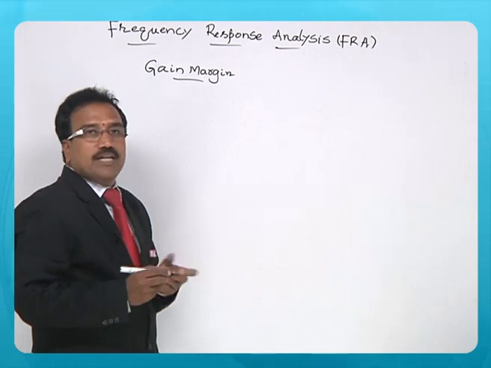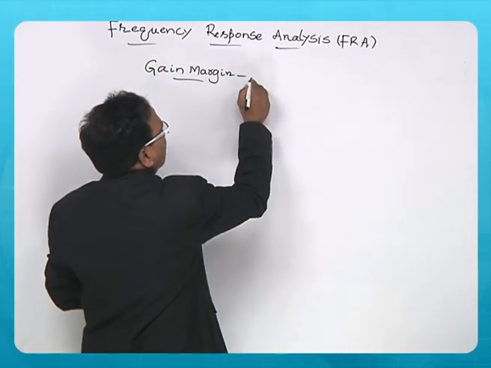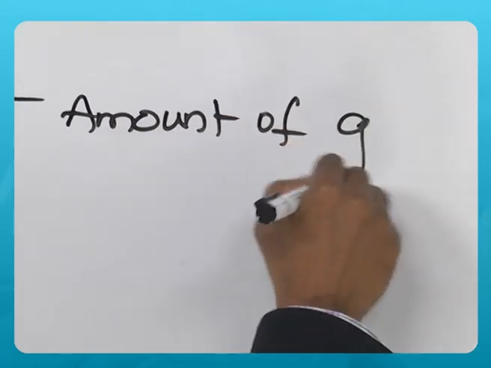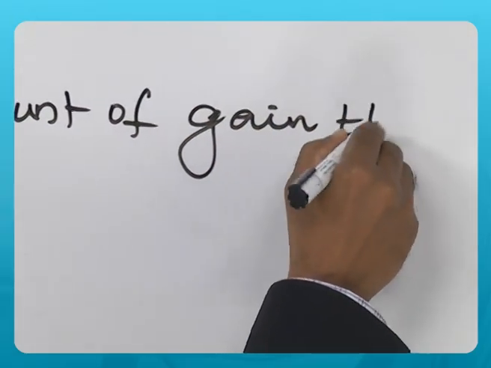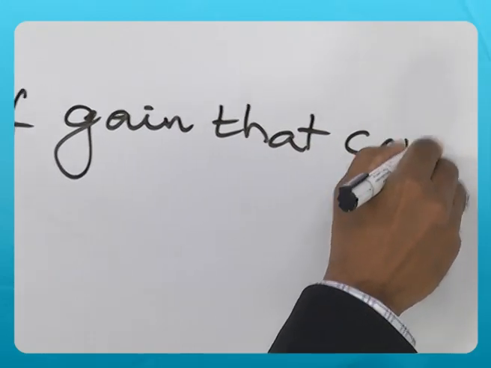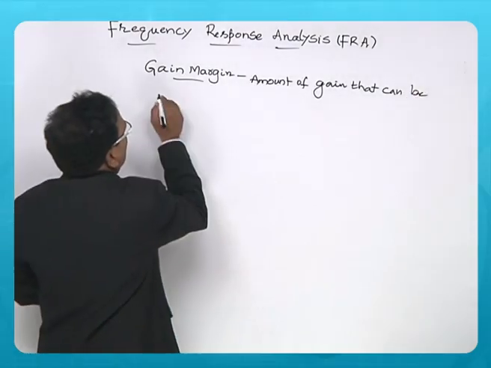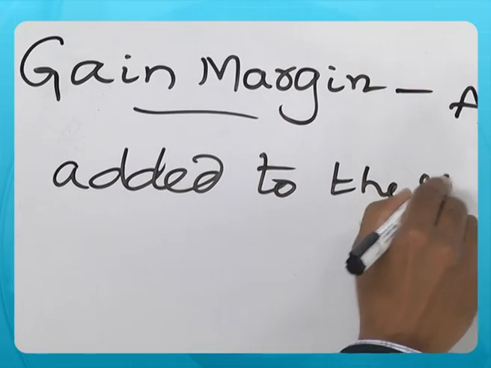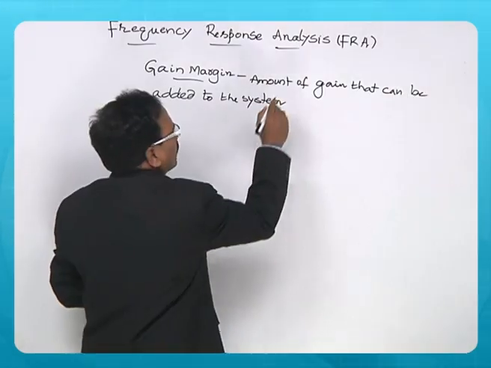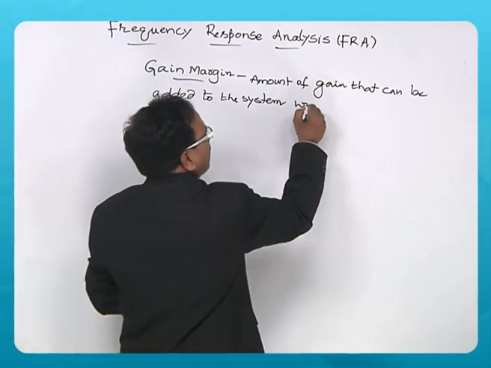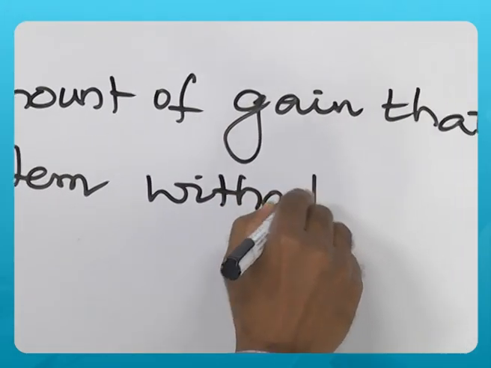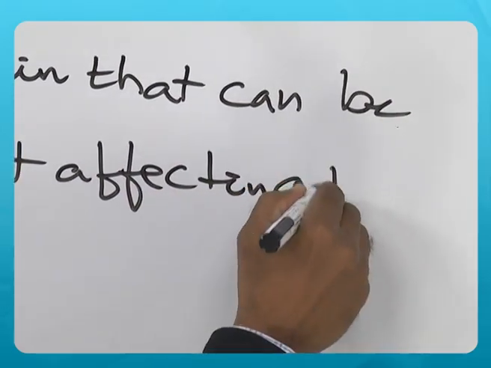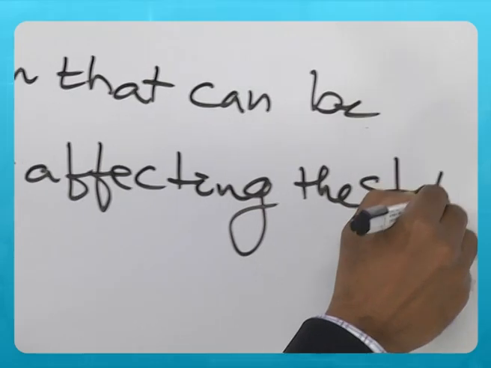The amount of gain, it is defined this way: amount of gain that can be added to the system without affecting the stability.